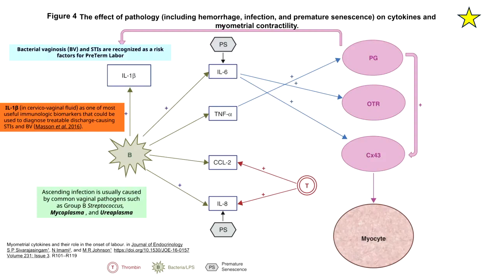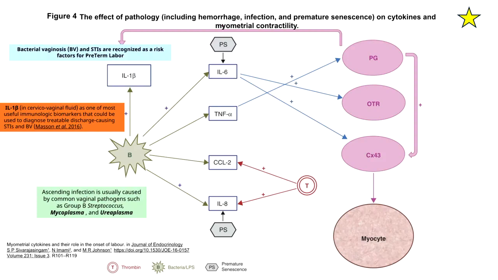So what happens here is that the presence of the infection will not only raise interleukin 1 beta, it will also raise interleukin 6, TNF alpha, and interleukin 8, and it will produce an immune system response. The next thing that happens is TNF alpha, for example, is a good stimulus for the production of prostaglandins.